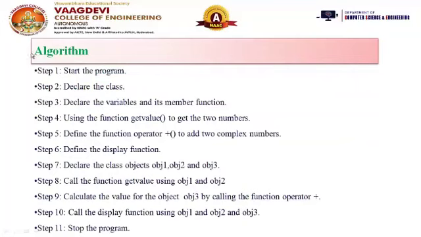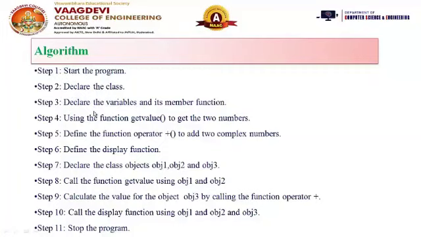Algorithm for operator overloading. In this algorithm, we'll be discussing the several steps involved in executing a program on operator overloading. The first 3 steps of this algorithm are to create the class and define variables and member functions of that class.